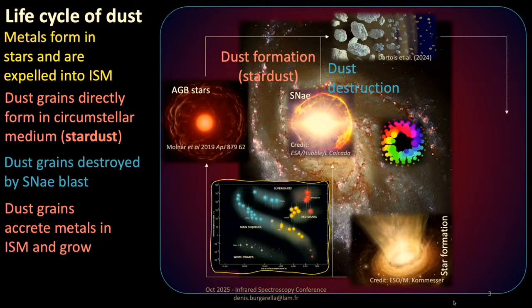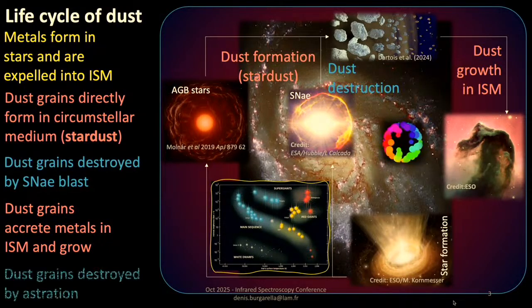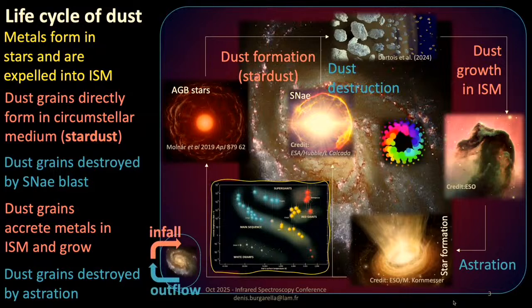And you have metal accretion on the dust grains that produce some growth of the mass inside the ISM. All of this goes, of course, into molecular clouds. And via astration, you destroy some of the grain. So this is what we have in, let's say, the local universe.